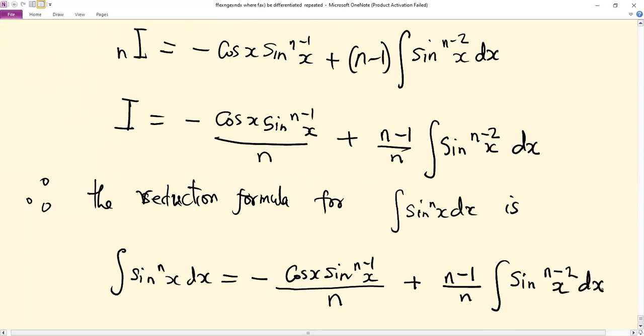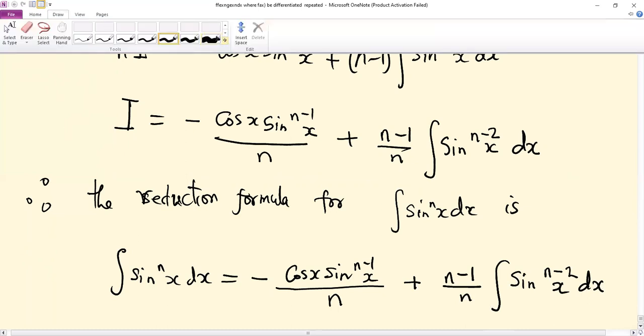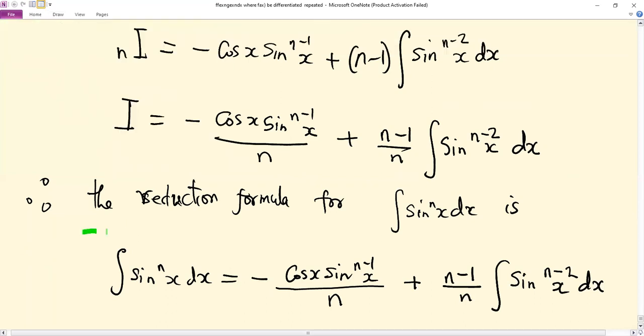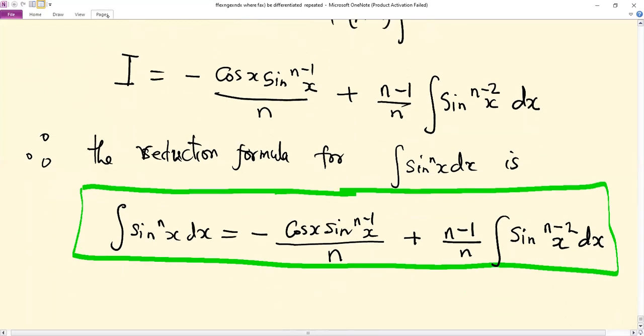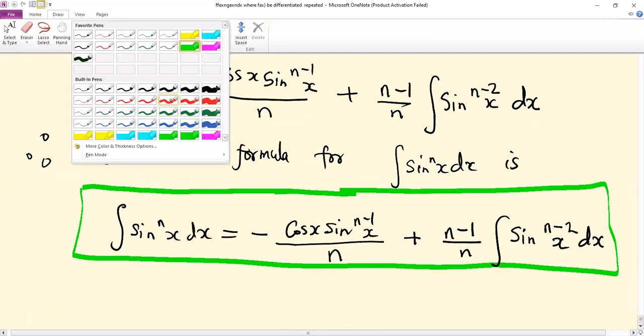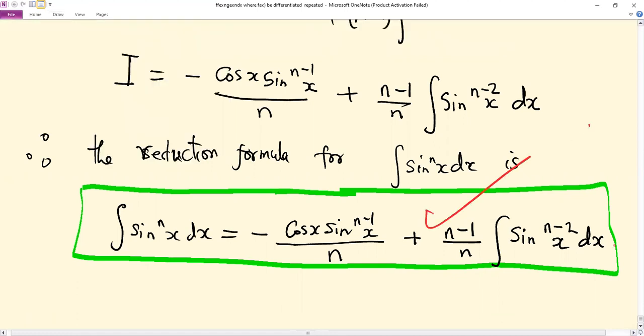So that is the formula. That is the solution to the first part. And finally, we get the value of the integral of sine power 4 x using this reduction formula.